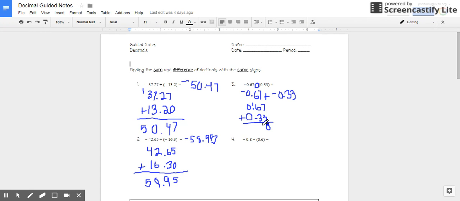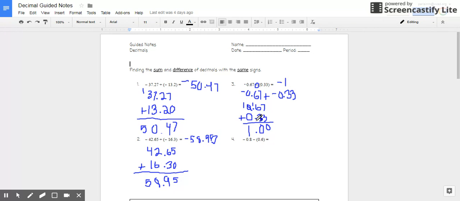Add the 1, I get 10. And that's not a negative 3, that is a decimal. So carry down my decimal point. So I have 10 again, so I have to bring over the 1. So now this is 1 whole, and 1 whole plus 0 is 1. So my answer is 1. And it will be a negative 1 since I'm adding a negative and a negative together.